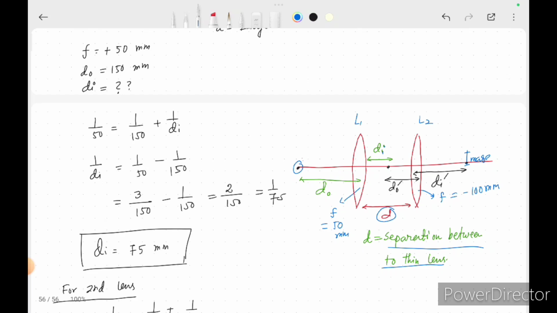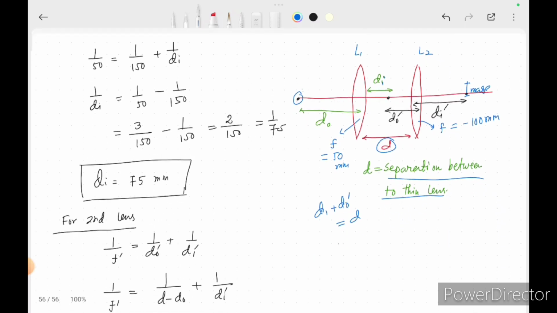From this geometrical representation, d_i plus d_o prime is equal to d, so d_o prime equals d minus d_i.